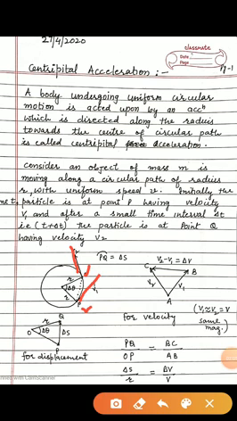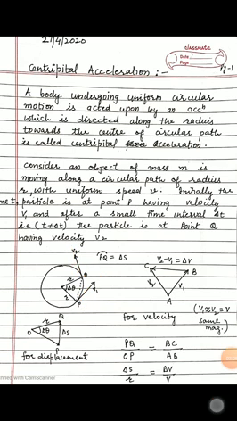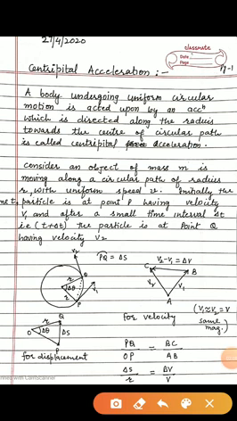Now we can redraw these velocities here. AB represents V1, parallel to vector V1, and V2 is represented along AC.